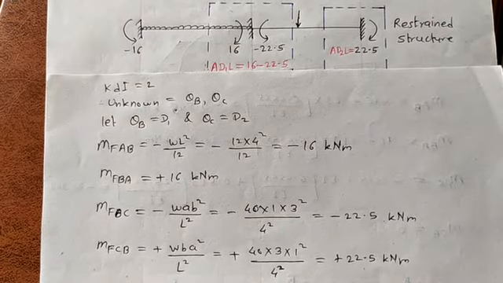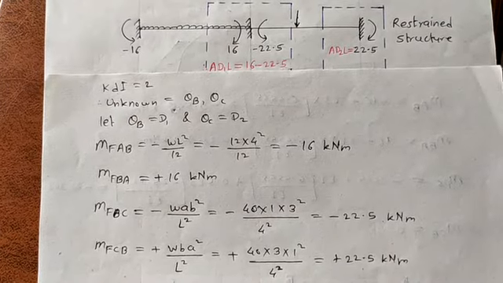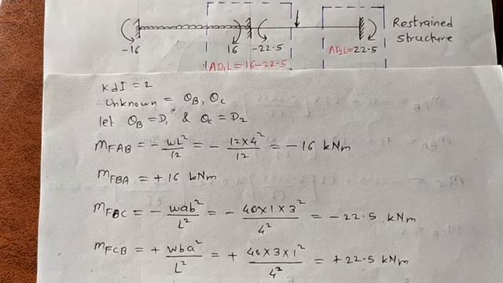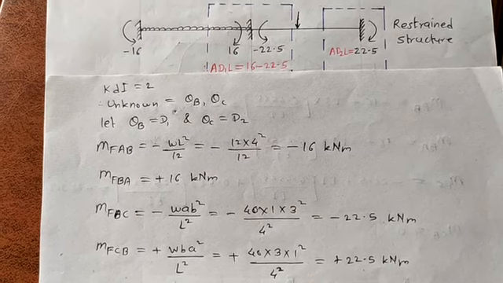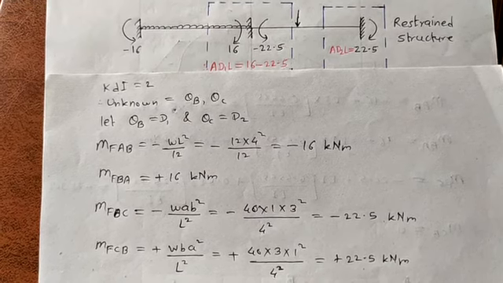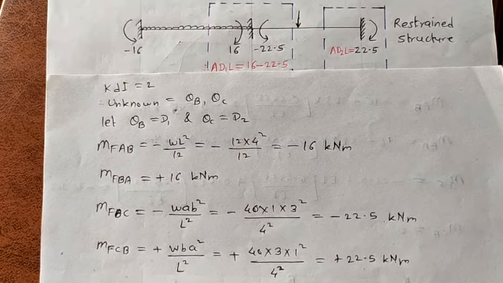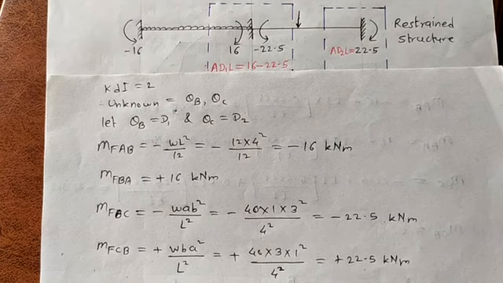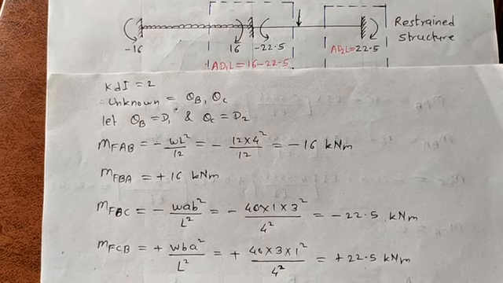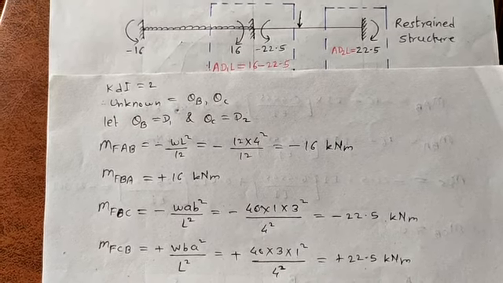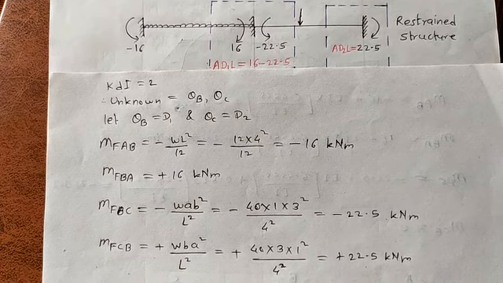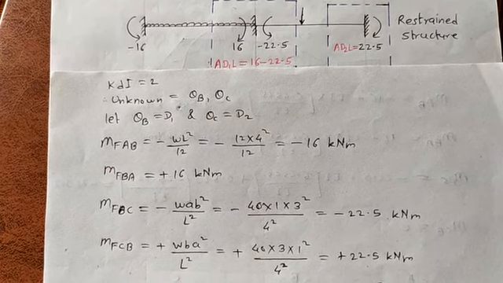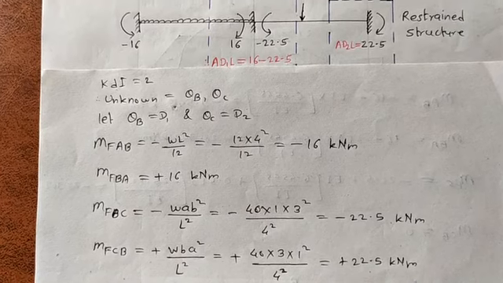This is the calculation for finding the fixed end moments. We already know the formulas. For UDL the formula is WL square by 12. For the point load the formula is WAB square upon L square. Here the applied point load is not at the center, that's why we have used the formula WAB square upon L square and WBA square upon L square.